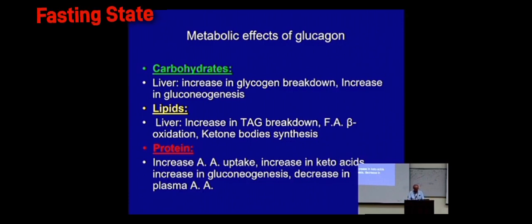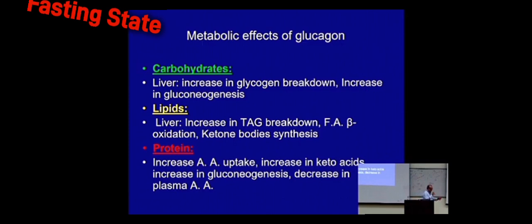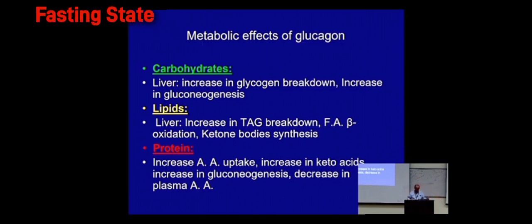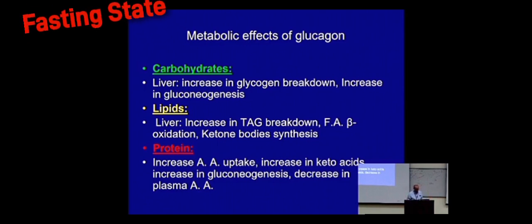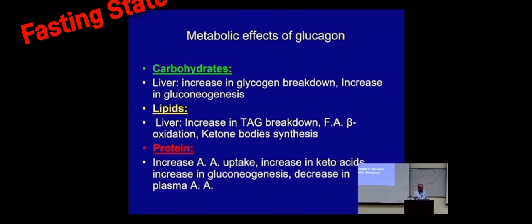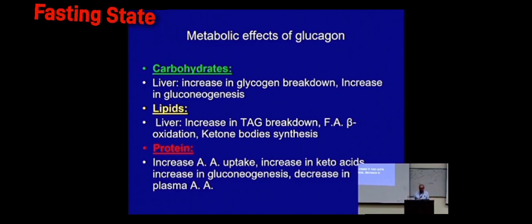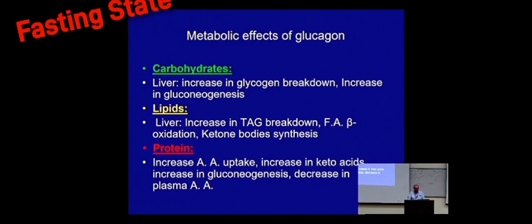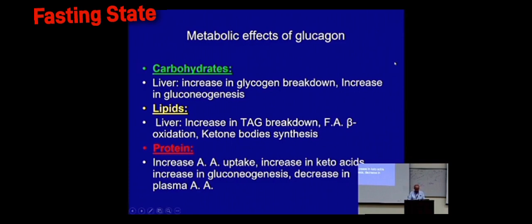Okay? Simultaneously, it will inhibit glycogen synthesis. That's always very important. You're activating one thing, inhibiting another, so you're not having both occur simultaneously. And the inhibition of glycogen synthesis is because you phosphorylate glycogen synthase by PKA, which becomes inactive under those conditions.